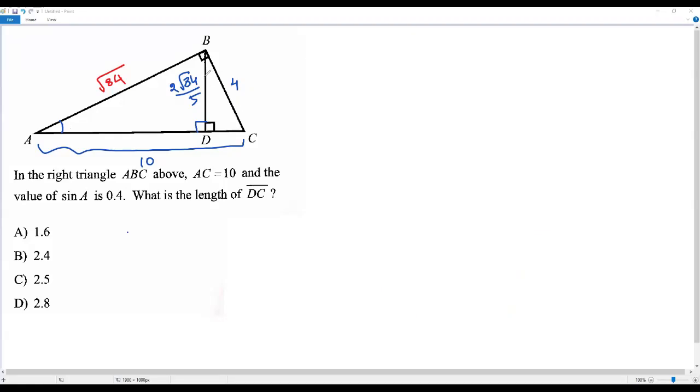In this right triangle, BC is the hypotenuse because it's opposite to the right angle. BD and DC are the two legs. Let me square the two legs, DB and DC, and add them: DB square plus DC square. The sum of the squares of the two legs must be equal to the square of the hypotenuse, that is BC square. So I just use the Pythagorean theorem and I have written this equation.